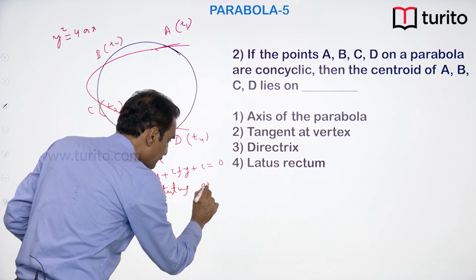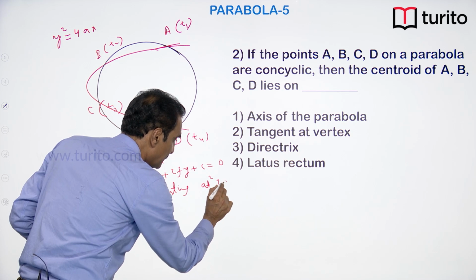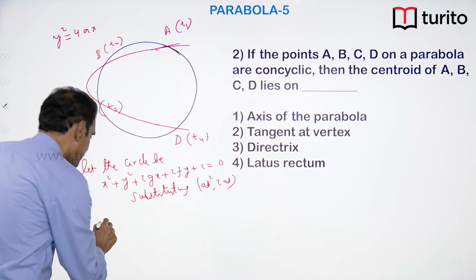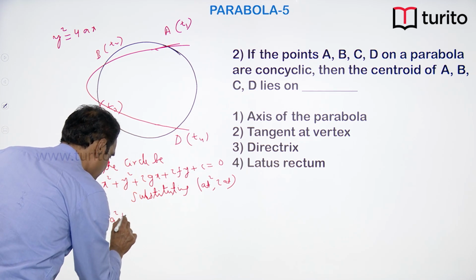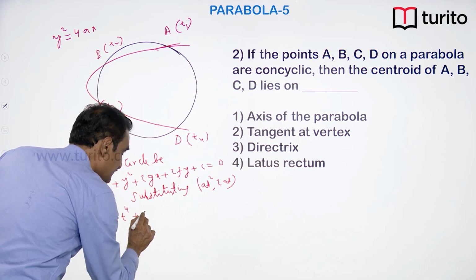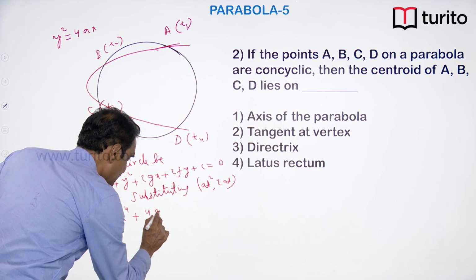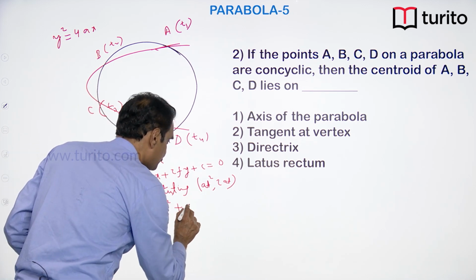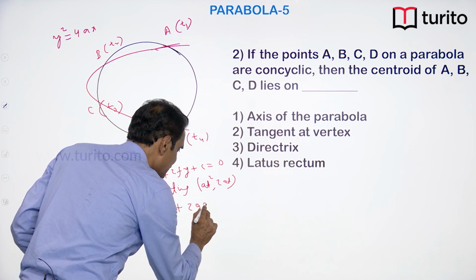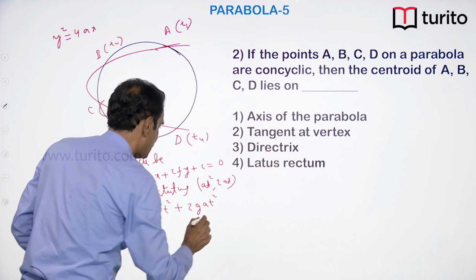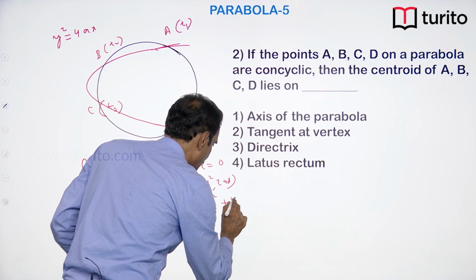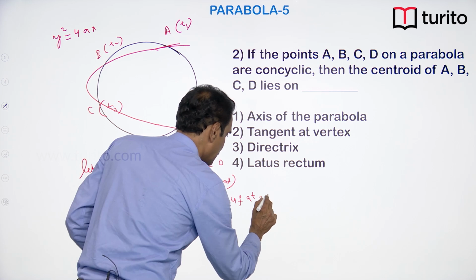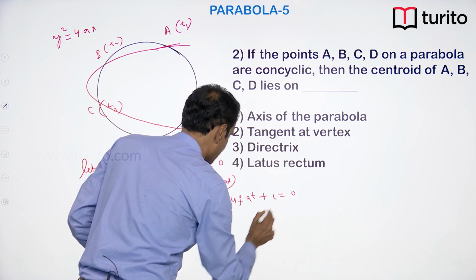Substituting, you will get a square t power 4 plus 4 a square t square plus 2ga t square plus 4fa t plus c is equal to 0.